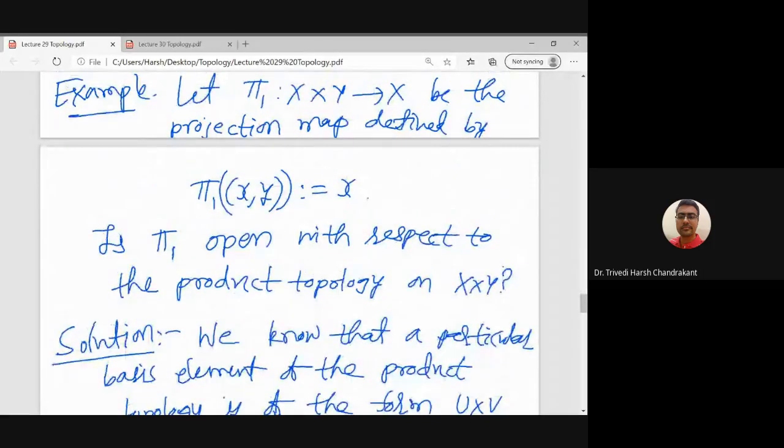And then we observed that the projection map on the product topology is an open map, but it is not a closed map.